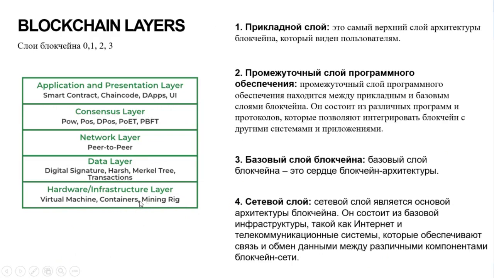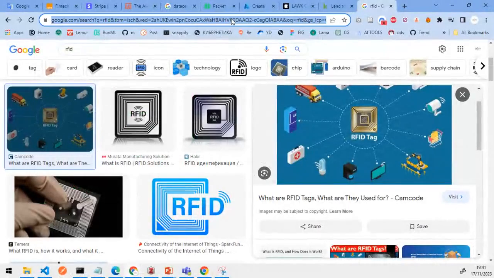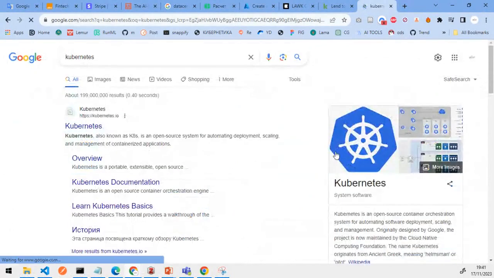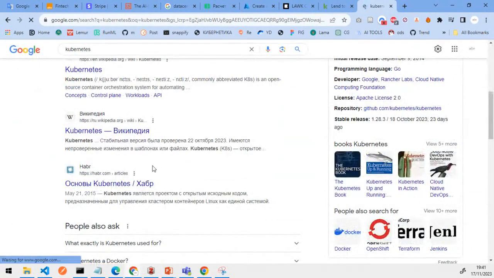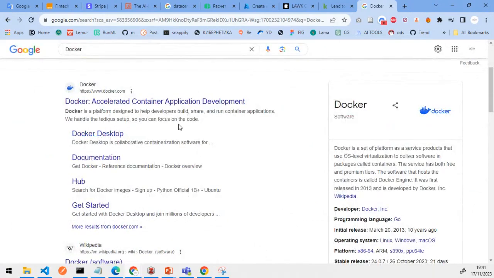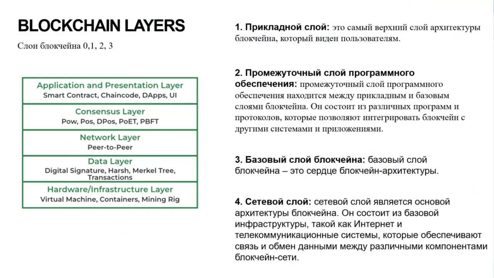When we talk about containers, we are talking about Kubernetes, a popular tool, and Docker, a good way of virtualizing your system. All the network, infrastructure and settings are virtualized.